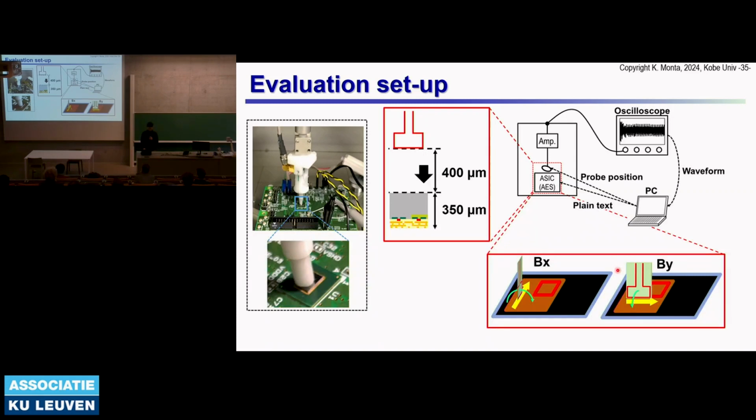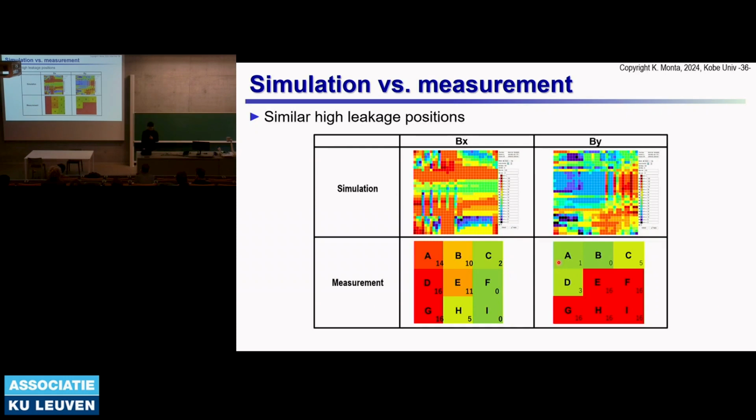To confirm the accuracy of the simulation, we did a comparison between exact measurement and the simulation. This is the measurement setup. We placed the electromagnetic coil just above the IC chip as shown here, and we did the measurement for the x-axis and y-axis. This is the setup of the evaluation, and we made the comparison between the simulation and measurement. This shows the result of the simulation heat map for the side channel leakage, and this shows the results for the measurement.